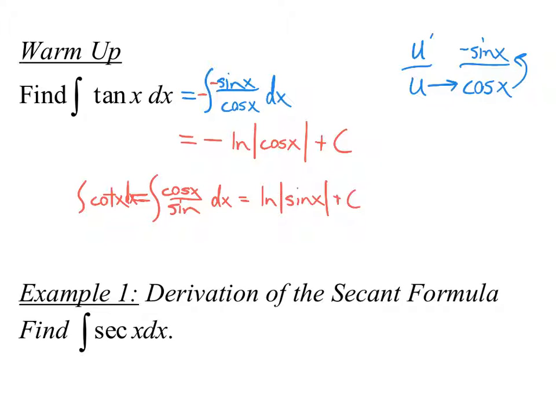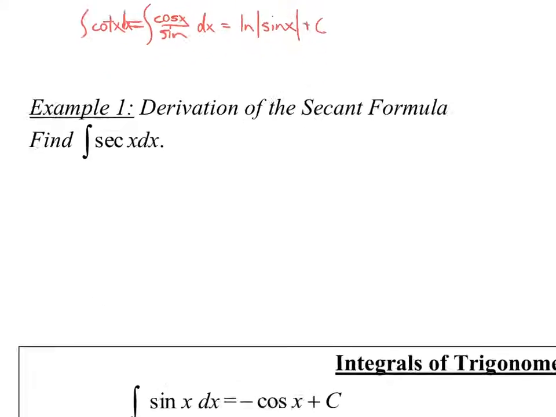Okay? So now we have two more rules, one for tangent and one for cotangent. Okay? So that moves us on to secant.